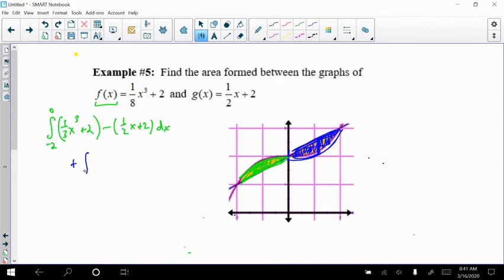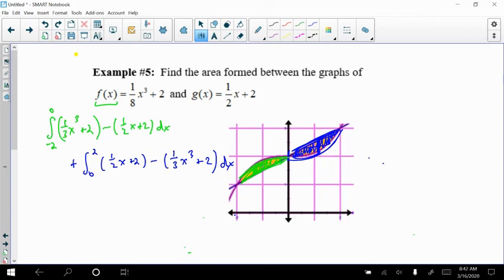So that goes from 0 to 2. The top function is the linear function, and the bottom function is the cubic function, but both in terms of x. Now, I also know that these are both odd functions, and this has been translated up 2 units.